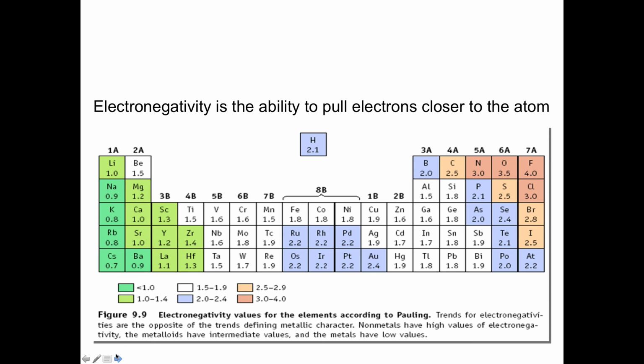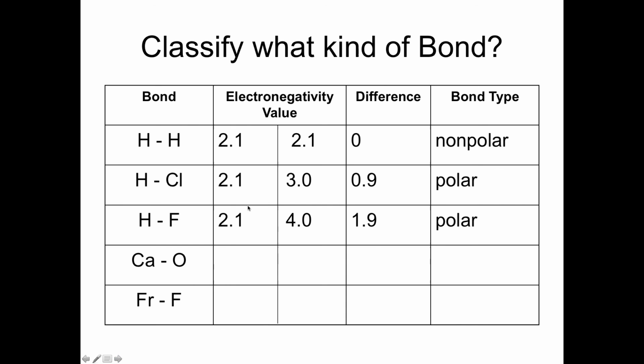That's like the 7 pieces to 1. And then you have hydrogen and fluorine, 2.1 and 4.0, a difference of 1.9. That's even more polar. Basically what that means is the fluorine has way more control of the electrons versus the hydrogen. Even though they're still technically sharing it, fluorine is getting control of more of the electrons than the hydrogen is.